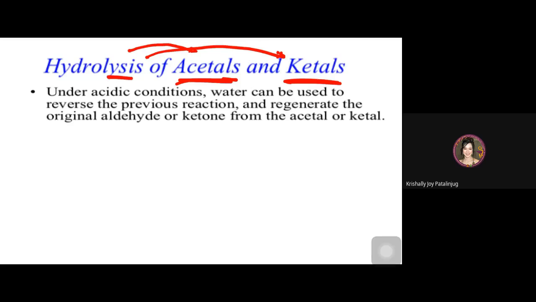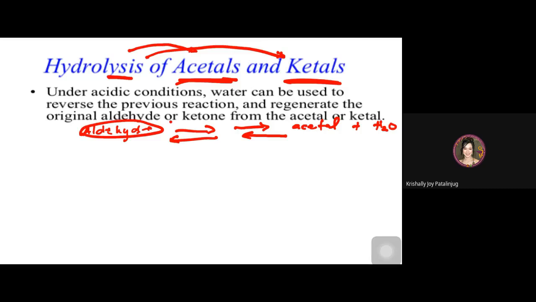Di ba we start with aldehyde? Then the final product is acetal with a byproduct water. So what we want now is to reverse it. We return it to the aldehyde and the excess alcohol ROH that we added. How? Hydrolysis of acetal or ketal.